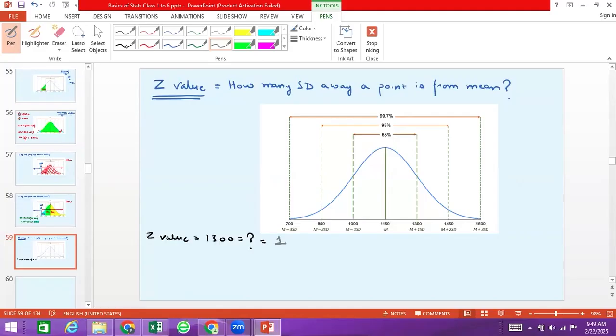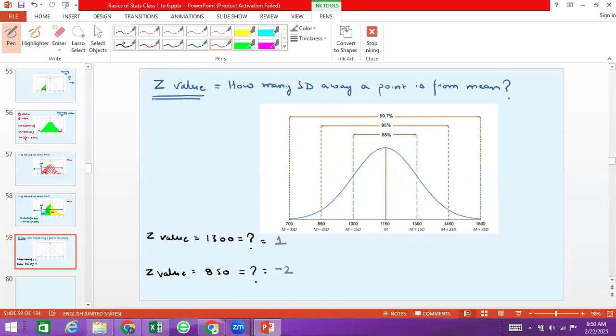Now, if someone asks me, what is the Z value of 850? Minus 2. Yes, that's correct. It is minus 2. So 850 is at minus 2 standard deviations away from the mean.